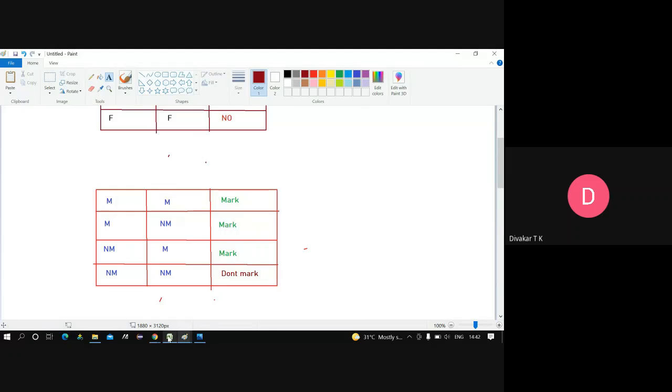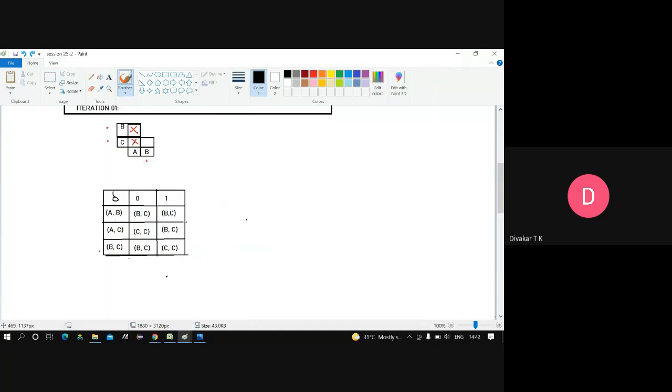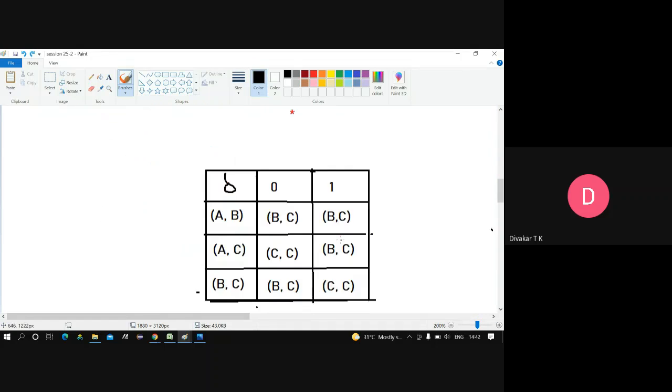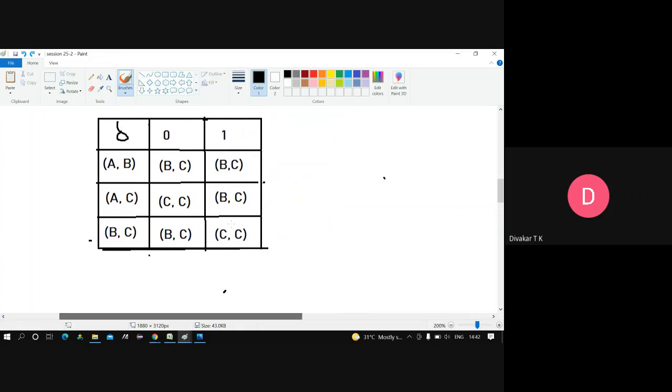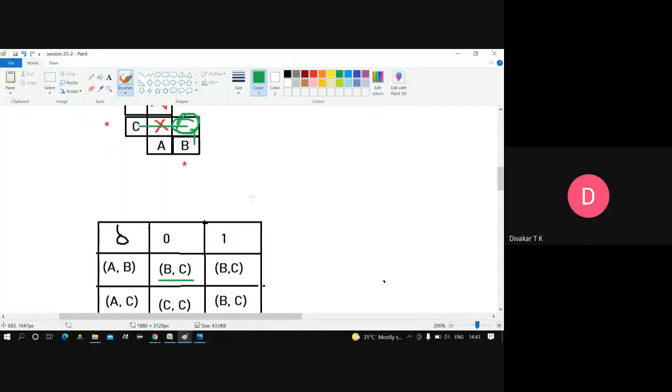How is it relating? I'll go back here. Concentrate from here. What is there here? BC. I'll increase the screen here. BC is there. Go back to this table, the BC table: B is this one, C is this one. Whether the BC cell is marked?